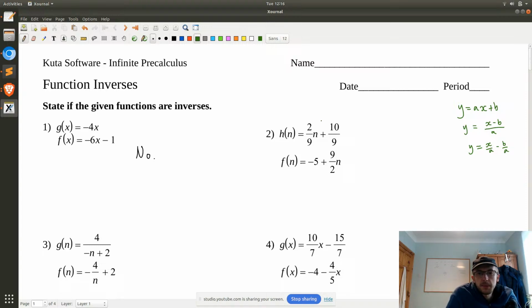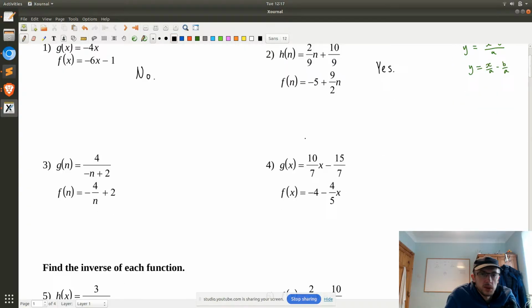So in this particular case up here, we have 2/9 there, and it needs to be the reciprocal, and it is. And over here, we've got plus 10/9, and it needs to be the negative of 10/9 over 2/9. So 10/9 times 9/2, and that is indeed correct. So yes. And we check. Good.